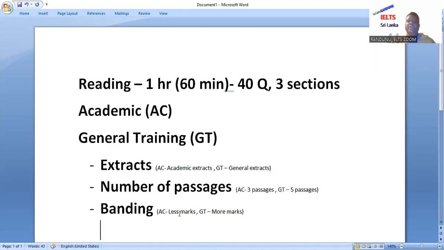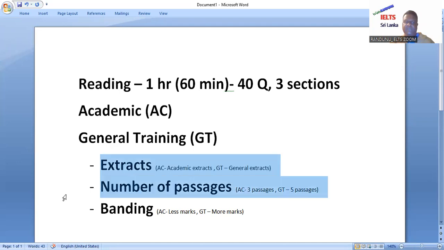So you can understand, even if general training reading is easier, to get the same band you need more marks compared to academic, right? So these are the differences when we compare academic reading with general reading.